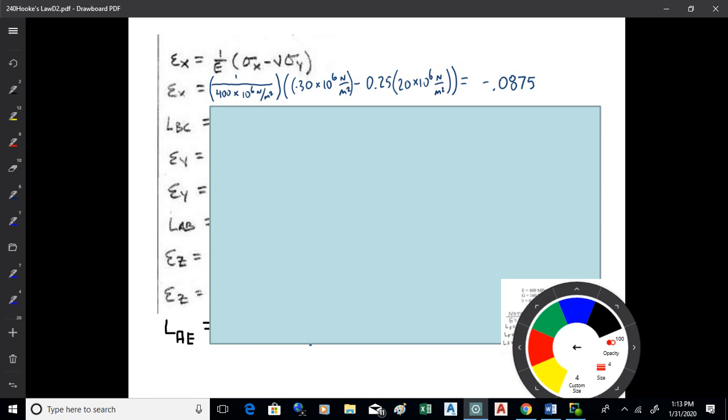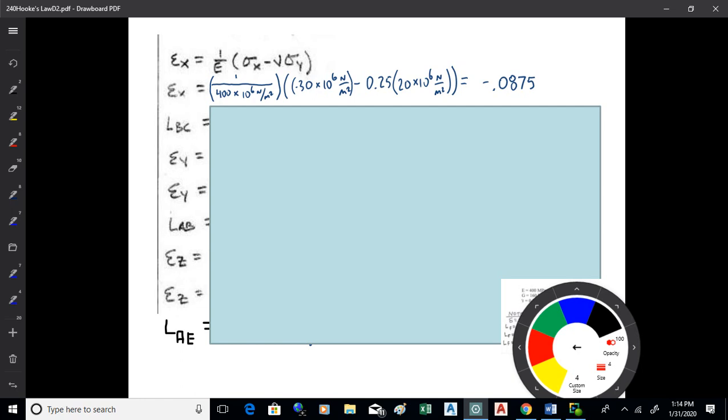So the way I think about that is that means the thing in the x direction is going to get shorter by about 8.75%. That's how I look at that number. The way I got that was I took 1 over E times the primary thing that causes it to get shorter, which is sigma x, but then I have that lateral effect of sigma y, so I go minus nu times sigma y.